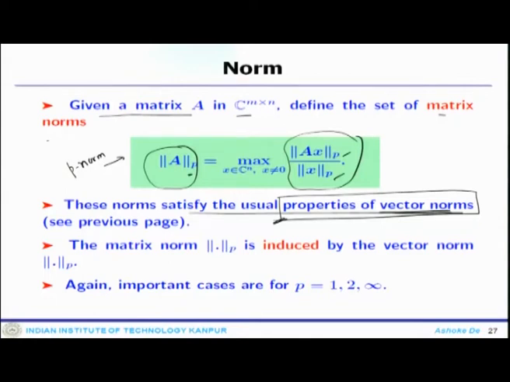Now, when the matrix norm is induced by the vector norm, the important cases are P equal to 1, 2 and infinity. Depending on the values of P, different norms like those we obtained for vectors can also be obtained in this case, for P1, P2 and P infinity.